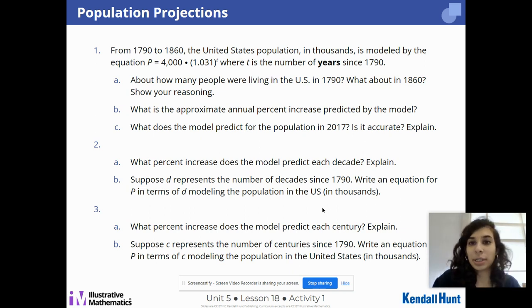How many people are living in the U.S. in 1790? What about in 1860? What's the approximate annual percent increase predicted by the model, which they give to you? What does the model predict about the population in 2017, and is it accurate? You can always look that up as well. I want you to answer number 1, but we're going to go over number 2 together.